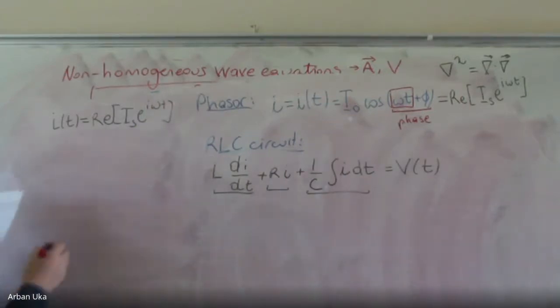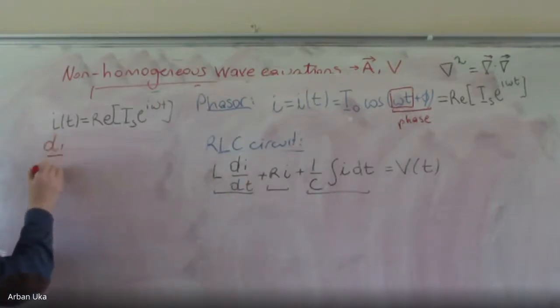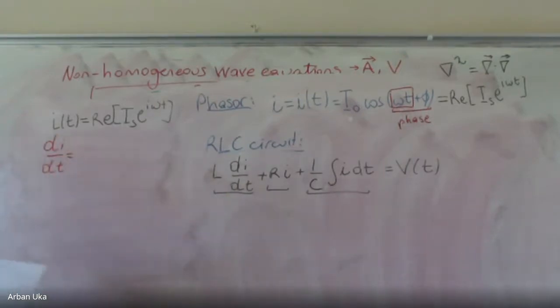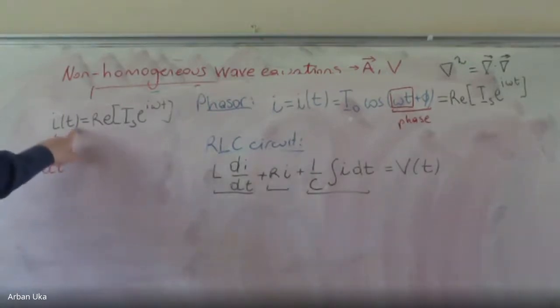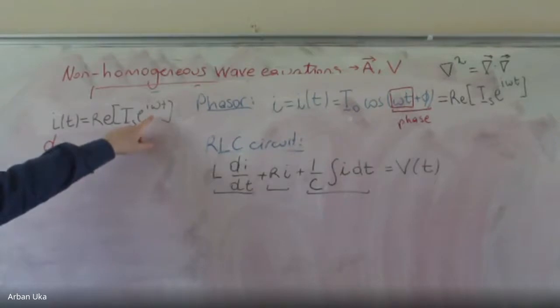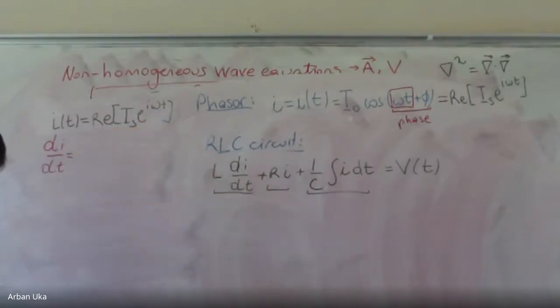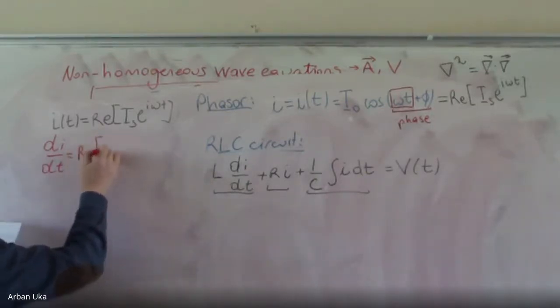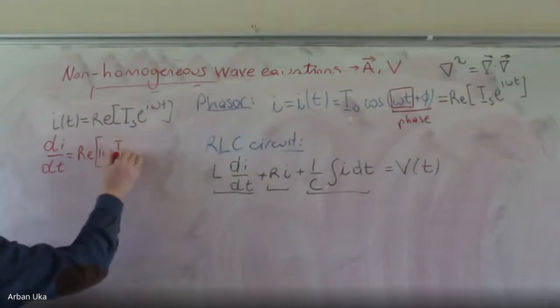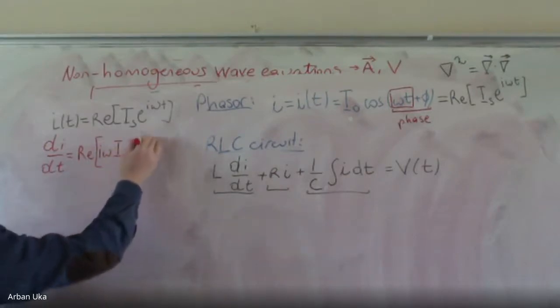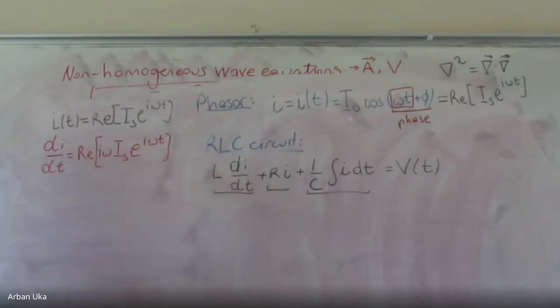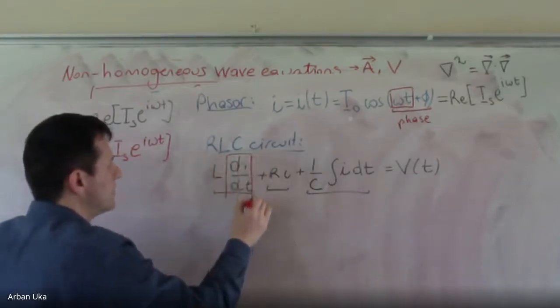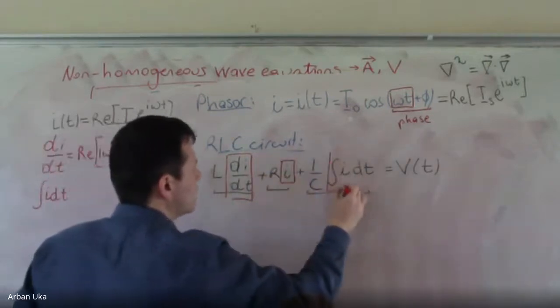Then di over dt: if we see the rate of change of this with respect to time, we're just going to get an i omega, because that's what the derivative produces for us. This will be equal to the real part of i omega times Is times e to the power i omega t. And then the integral of i dt, because we have three different quantities: the rate of change, i itself, and this integral.